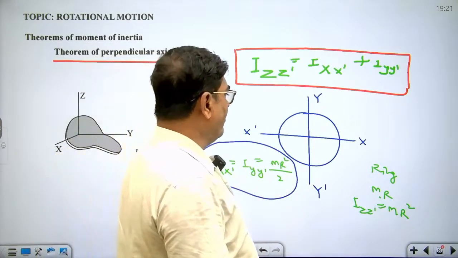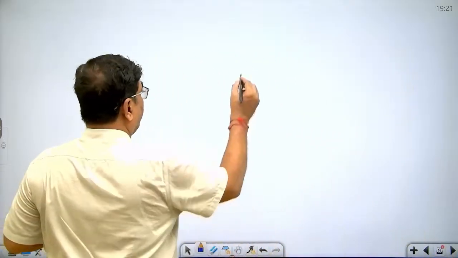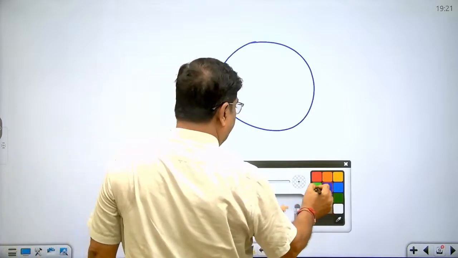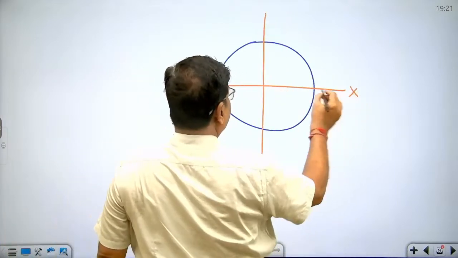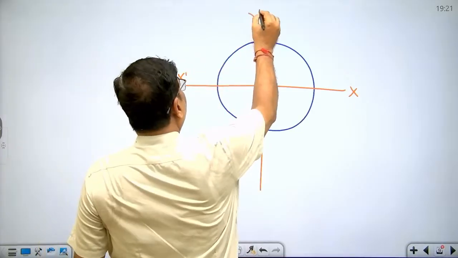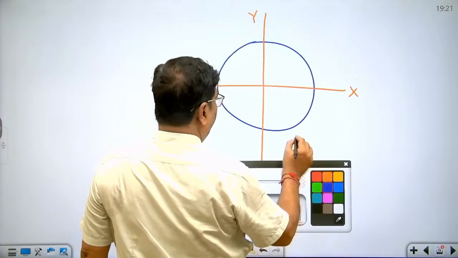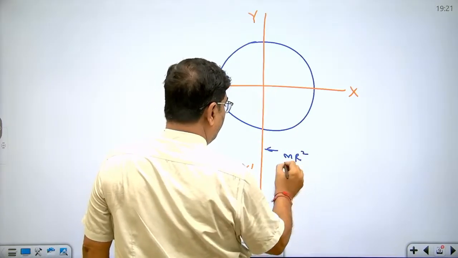One more very important thing that you should remember: in the perpendicular axis theorem, the two axes lying in the plane need not be perpendicular to each other. Why? Just see. Moment of inertia about xx dash or yy dash is mr square upon 2.